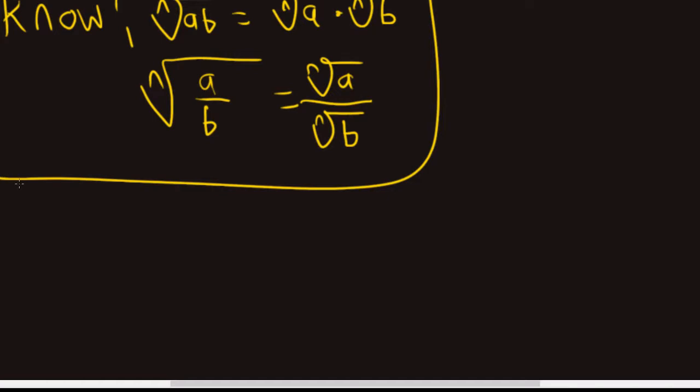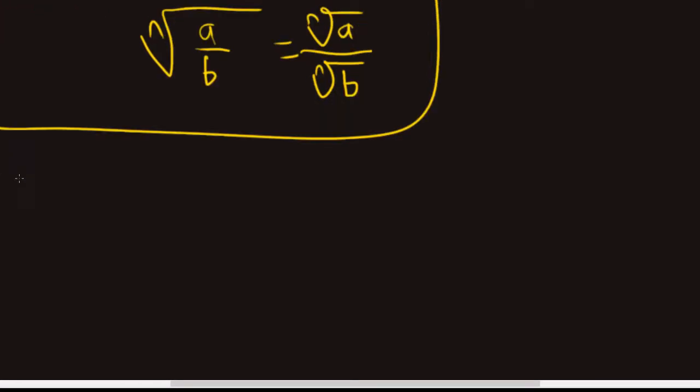Can we show anything else? Sure we can. Let's now prove something a little interesting. Let's say we have the nth root of a to the m power. Well, what does this tell us?